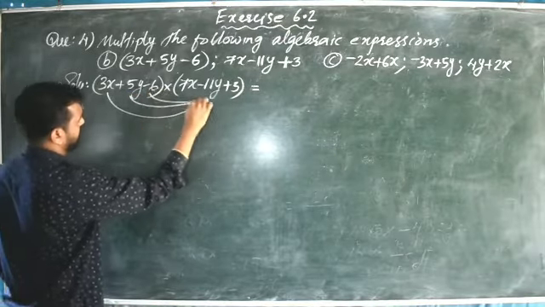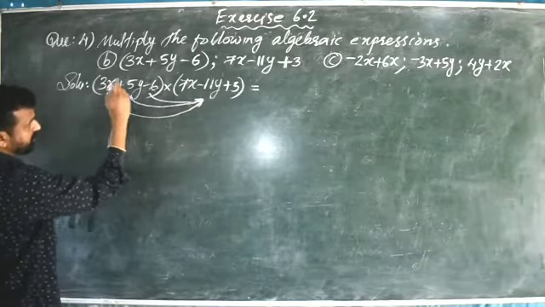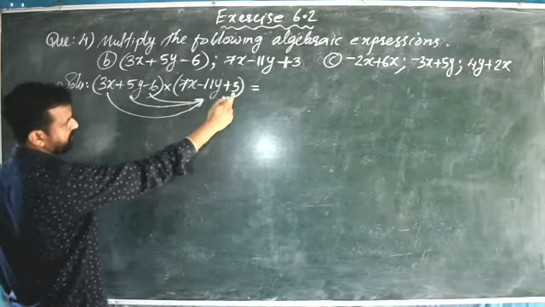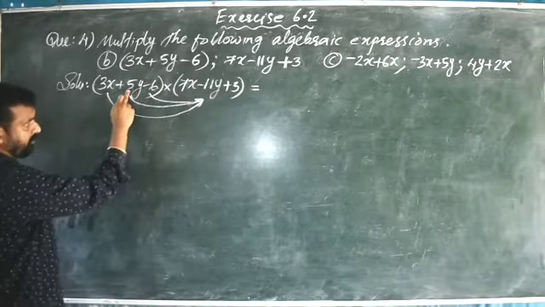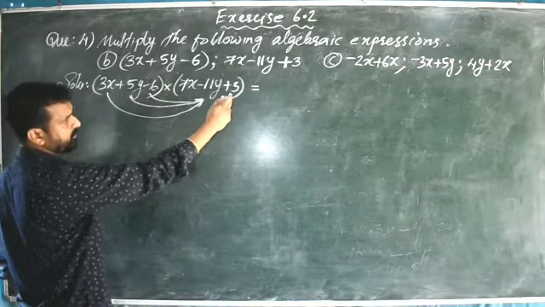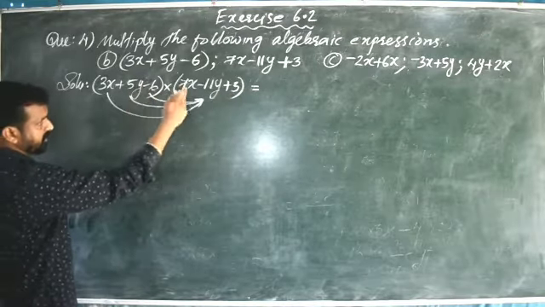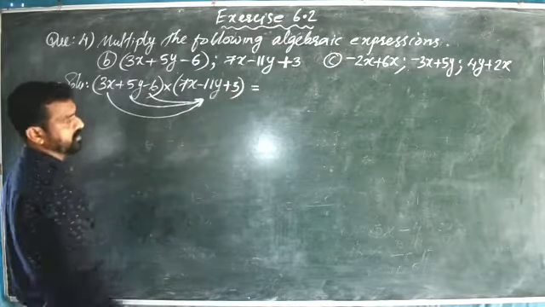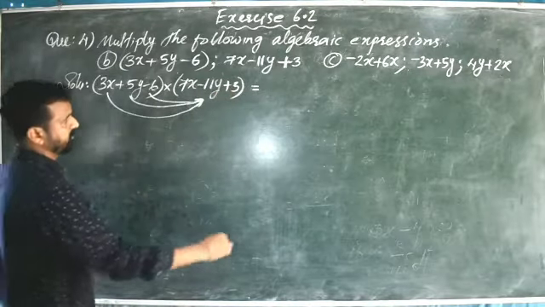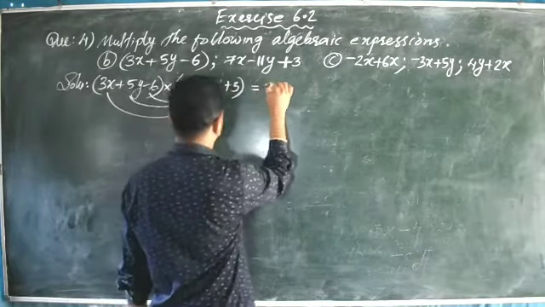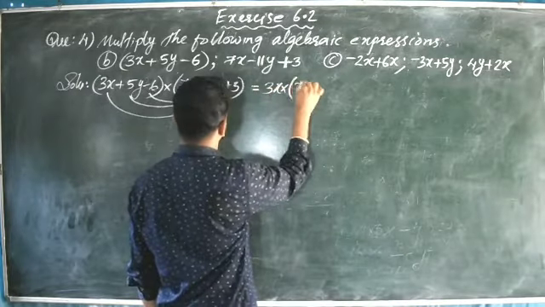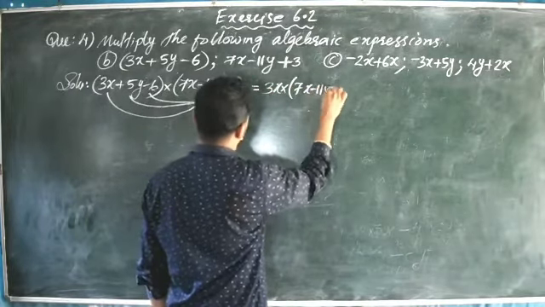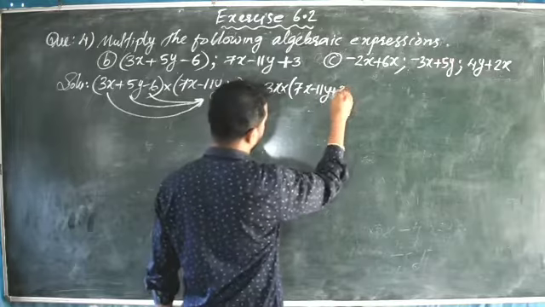That is 3x into 7x minus 11y plus 3, plus 5y into 7x minus 11y plus 3, minus 6 into 7x minus 11y plus 3. So first we have to write that 3x into 7x minus 11y plus 3.